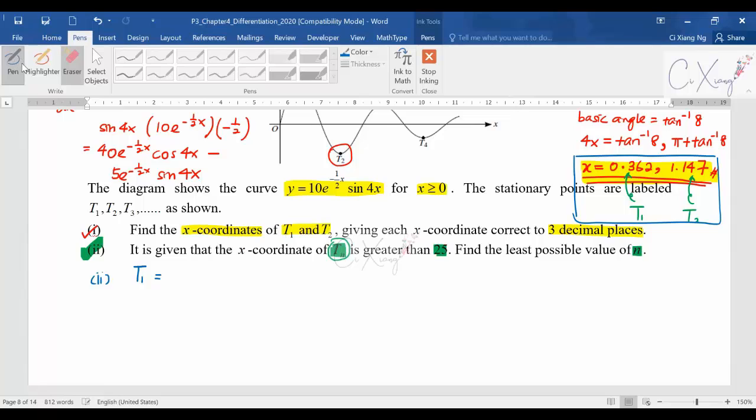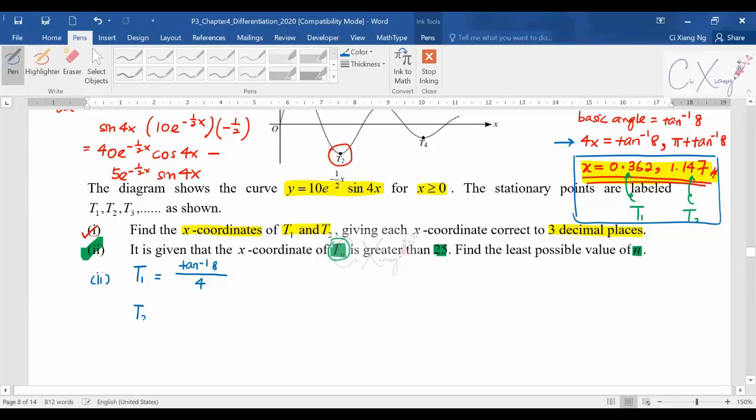So it will become tangent inverse 8 divided by 4. Okay, it is from this equation. So your T1 is tangent inverse 8 divided by 4. Then if I look at T2, what will happen is you're having pi plus tangent inverse 8, divided by 4. That is your T2, correct or not?